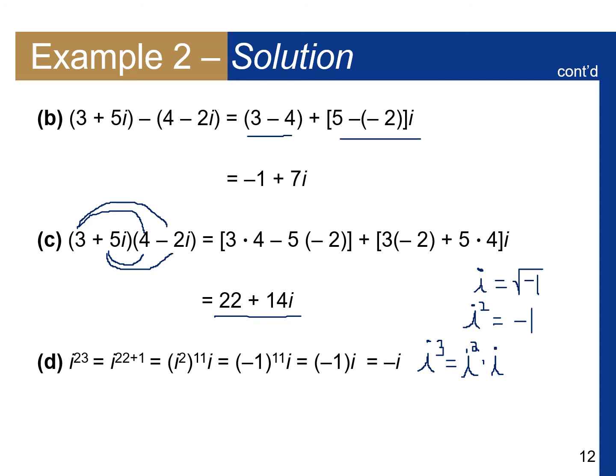If I have 3 i's here, that could be 2 and then 1. Well, I know that i squared is equal to -1, so now I can substitute -1 into this, and I have -1 times i, so I get -i.